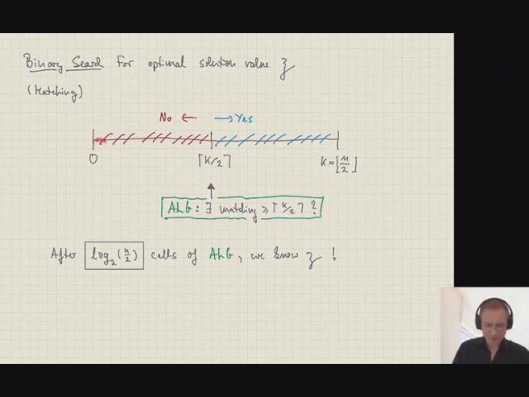And notice that if we always divide the whole interval into equally sized parts, the size of the interval in which we search the optimum value will have decreased by a factor of 2. That means after log n halves many iterations, or calls of this algorithm, we will have found the optimum solution value psi.